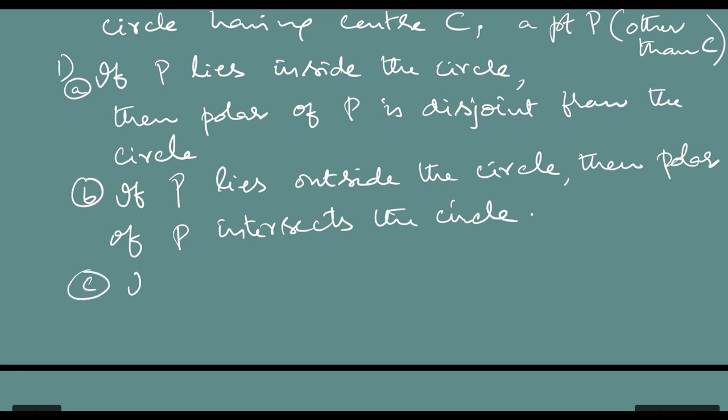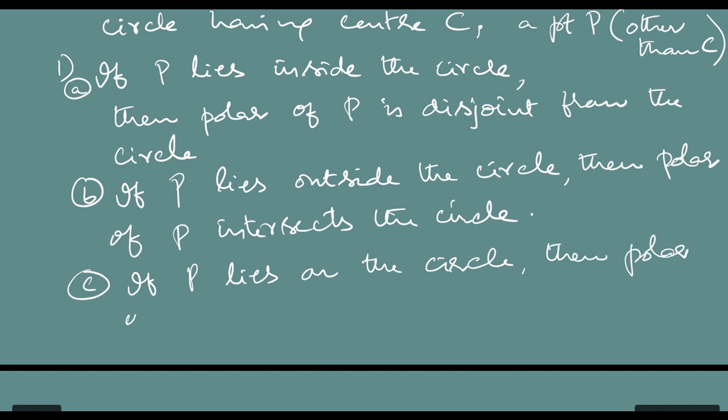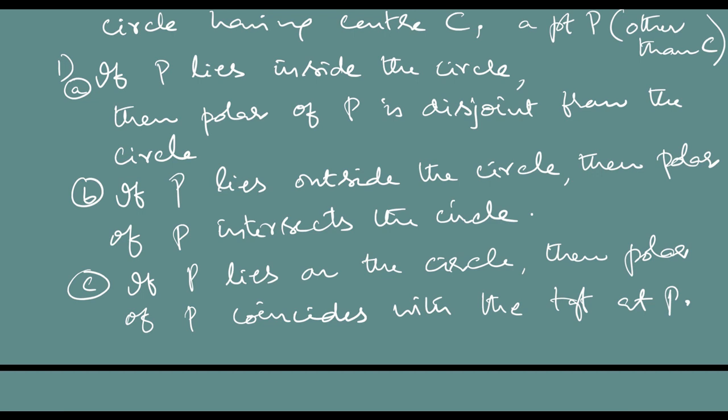And if P lies on the circle, then the polar of P coincides with the tangent at P. It is only to give you an idea about how or where the polar of a point comes.